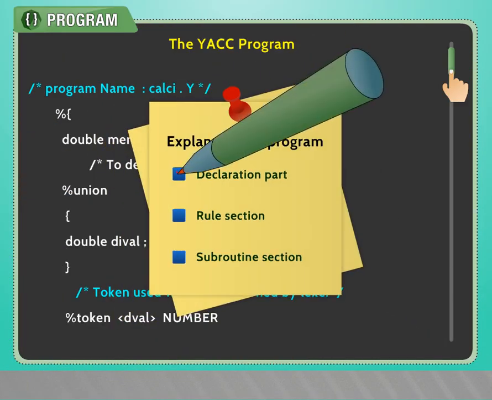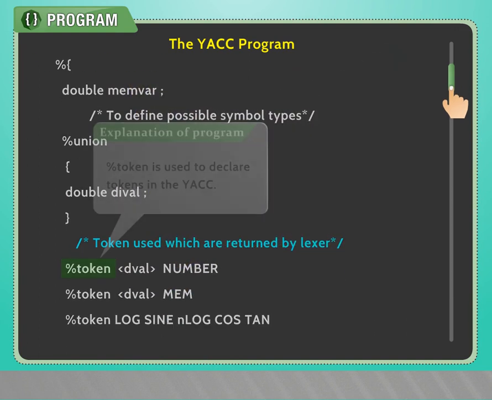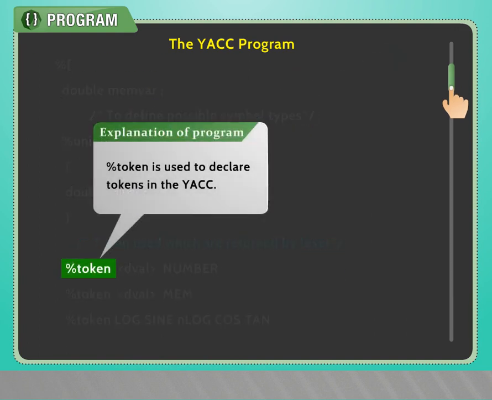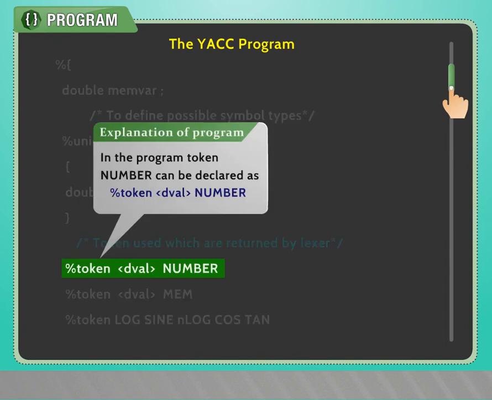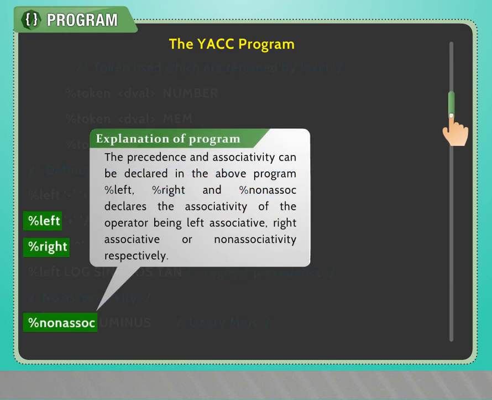Explanation of program. Declaration part. %token is used to declare tokens in YACC. In the above program, the token number can be declared as %token <dval> NUMBER.